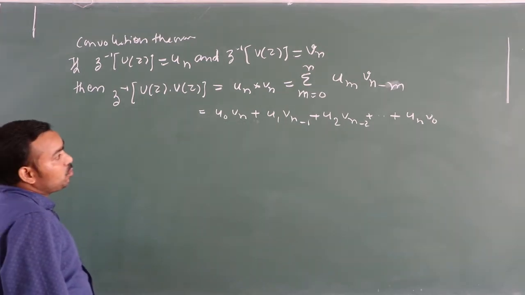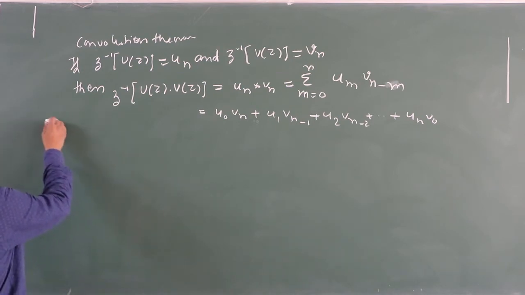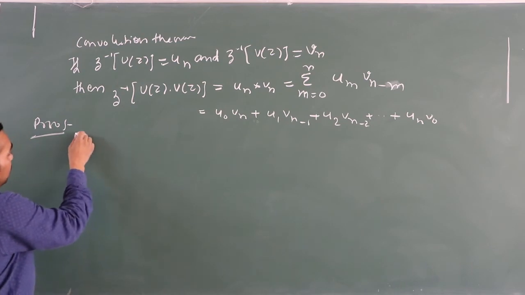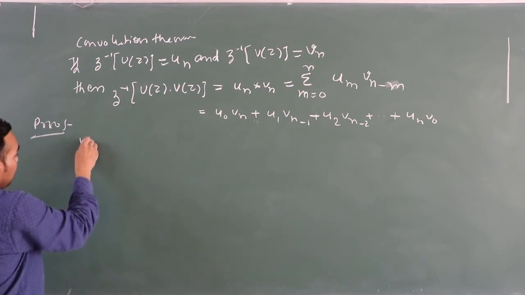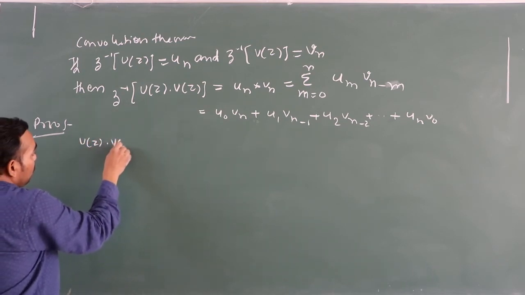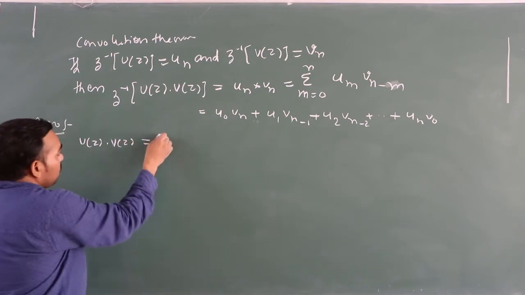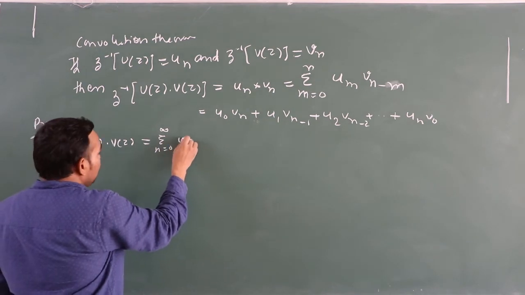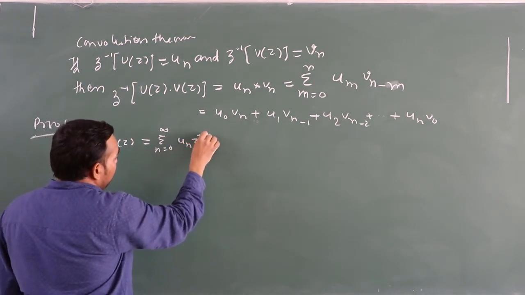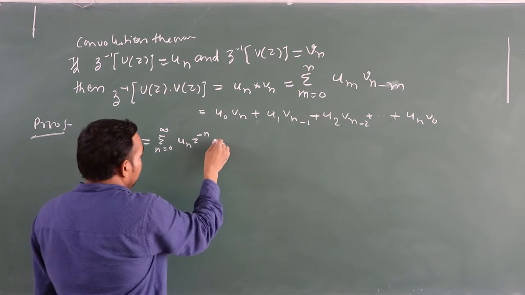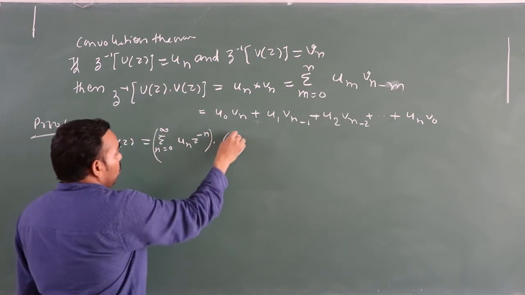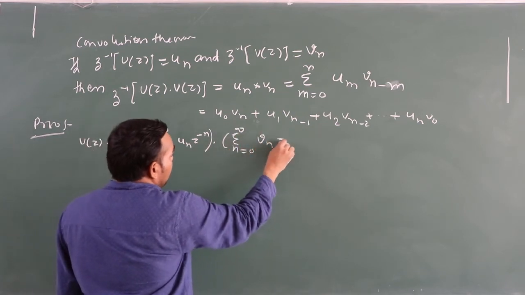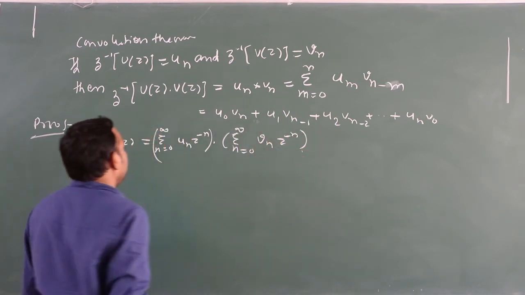And how to prove this theorem? For proving, U(z) and V(z) can be written as U(z) into V(z), that is equal to the sum from n equal to 0 to infinity of u_n z to the power minus n, into the sum from n equal to 0 to infinity of v_n z to the power minus n.